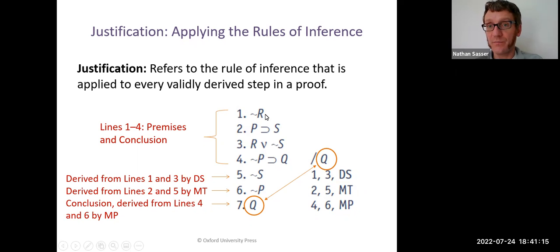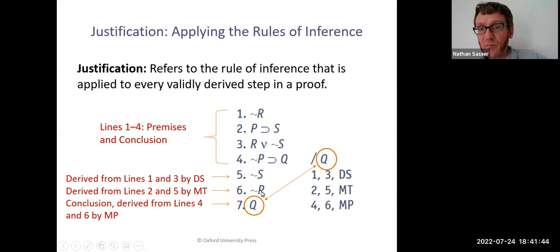Line 1 is not R. Line 3 says R or not S. Line 3 is the disjunction. Line 1 says one of those disjuncts is false, so you can conclude the other disjunct, not S, is true. You write out the justification to the side here: here are the lines, and here is the rule that I'm applying to those lines.